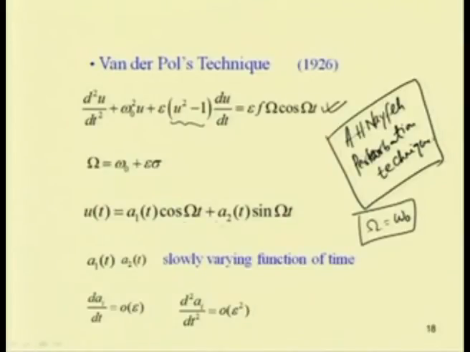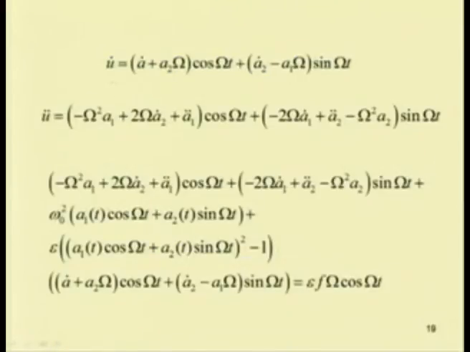Similarly, differentiating a2 sin omega t gives a2 dot sin omega t plus a2 omega cos omega t. So we have 4 terms for u dot. Combining the coefficients of cos and sin, u dot equals (a1 dot plus a2 omega) cos omega t plus (a2 dot minus a1 omega) sin omega t.